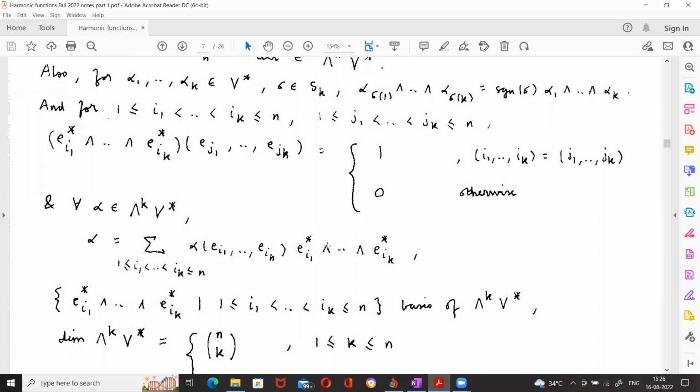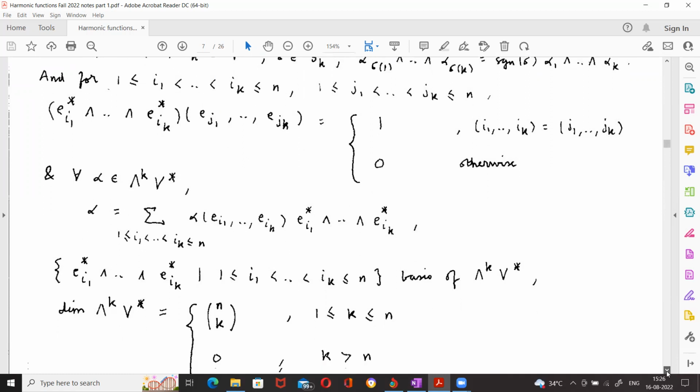And then I'll get 1 times alpha of e_j1 to e_jk. So both sides are equal when applied to e_j1 to e_jk, and therefore they're equal. Is this clear? Yes. Okay. So what does that mean?